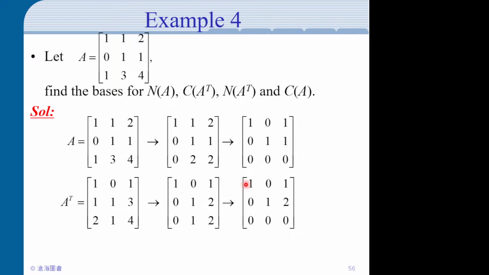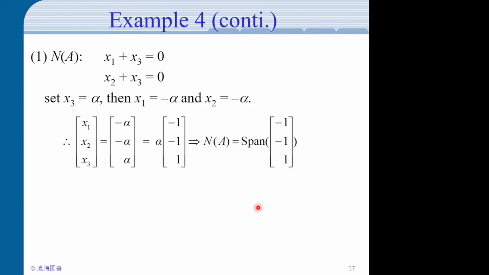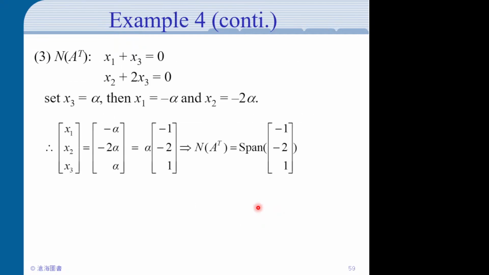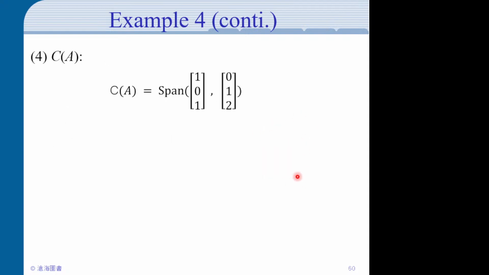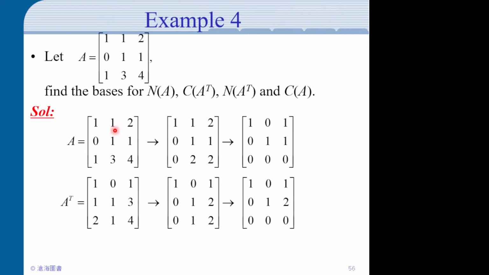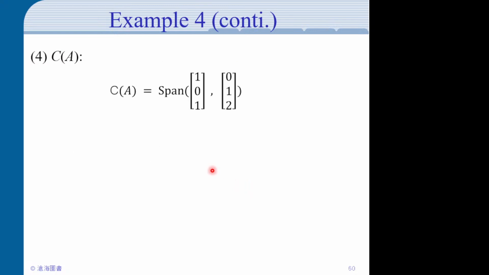Anyway, we can transpose it and do another Gaussian elimination, and then we can calculate the null space of A transpose once again by solving the equation, and we see it is the span of (-1, -2, 1). And the column space of A, as we say, is the row space of A transpose, so we get those two rows transposed, and they become a basis for the column space of A.